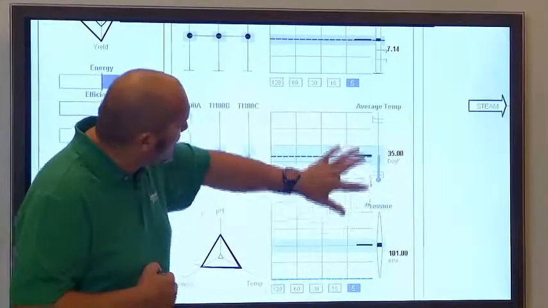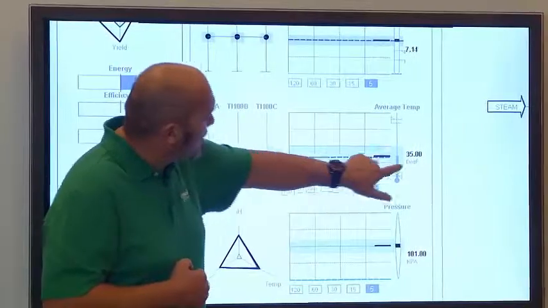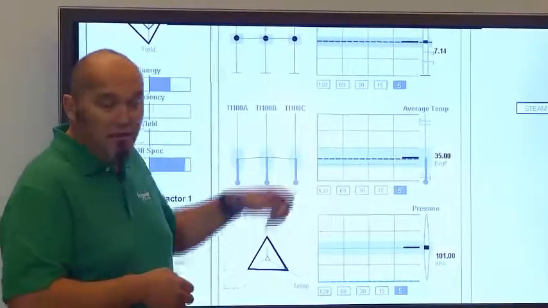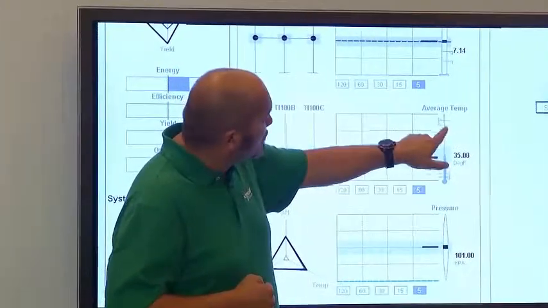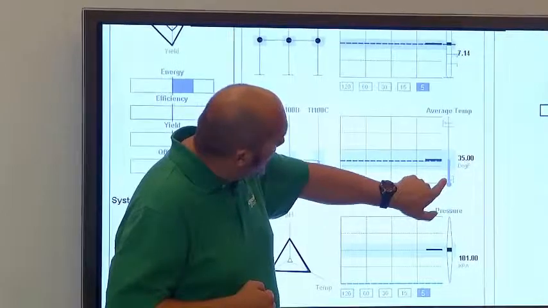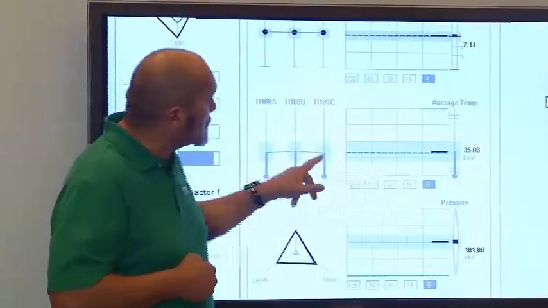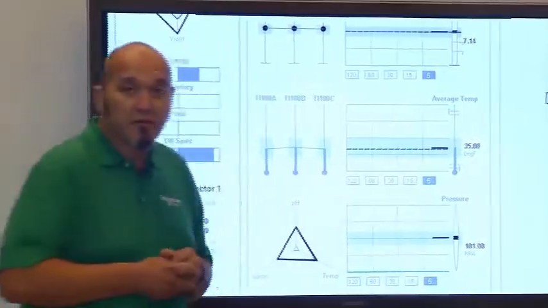So symbolically, the operator can tell just by looking at this display that the process value is within an optimal zone. The same display also shows him the alarm limits, so he can see excursions or if they're going to approach closely to these alarm limits.